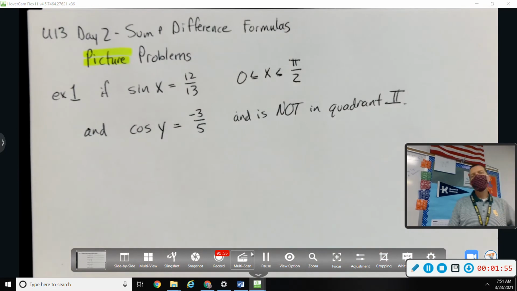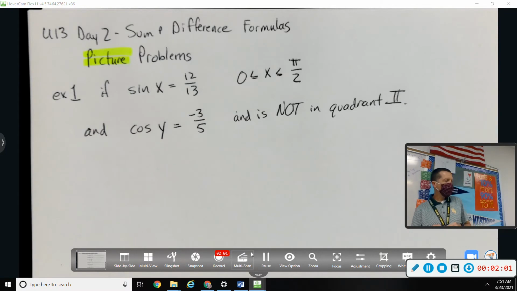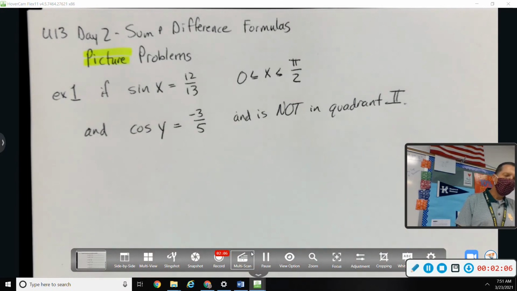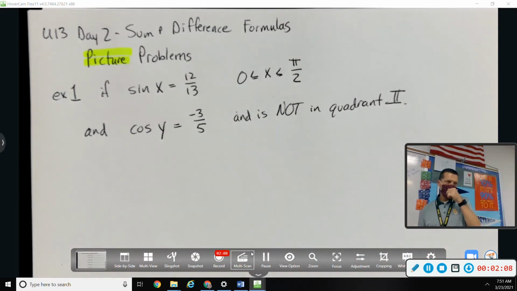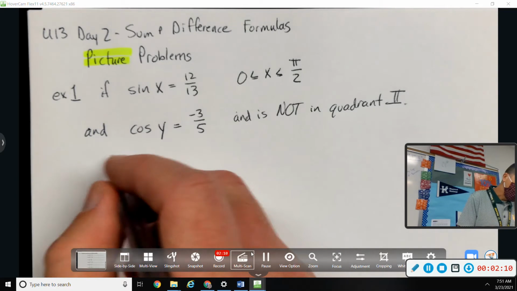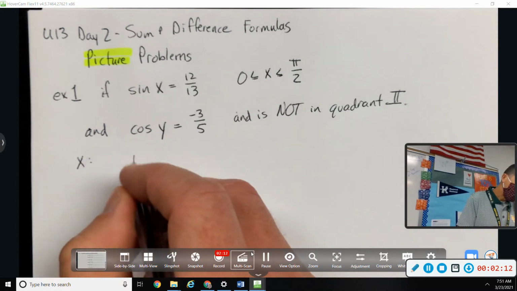Sort of a weird instruction, but we'll see how that helps us in a minute. Let's draw these first, and then we'll do some stuff with them. So let's draw the picture of x first.